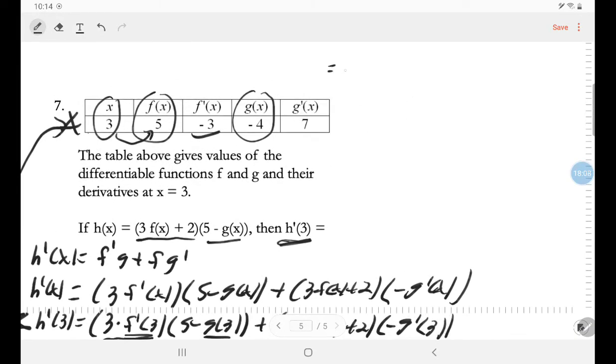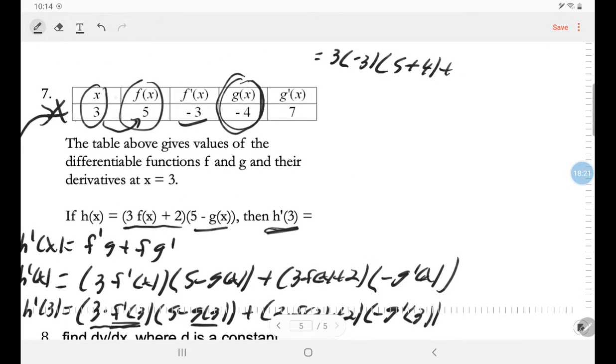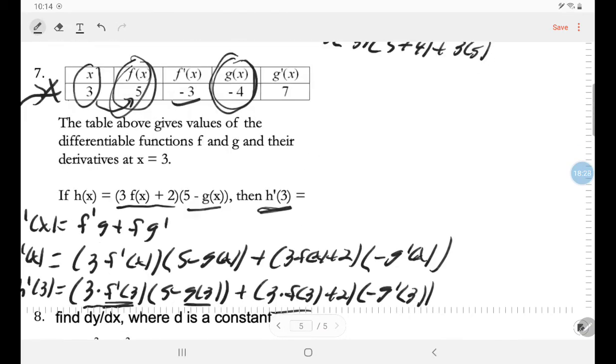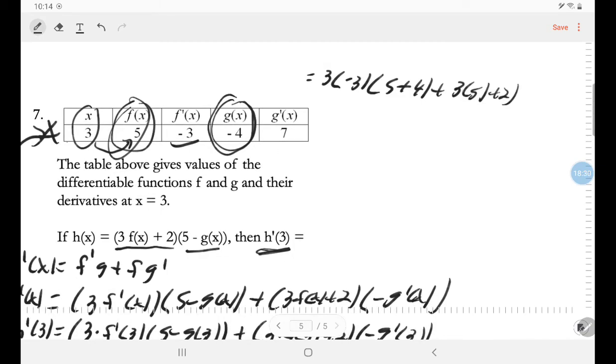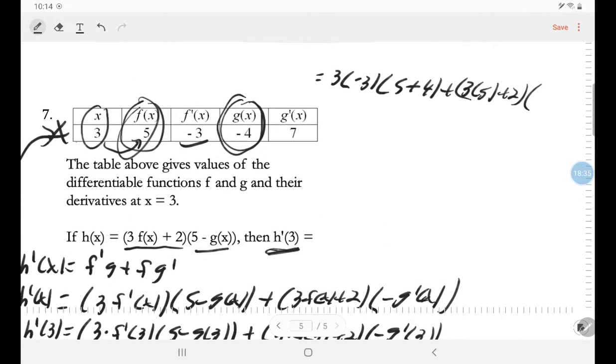So I get 3 f prime is negative 3 times 5 minus g, which is negative 4, so plus 4, plus 3f of 3, and f of 3 is 5, so 3 times 5, plus 2. And then lastly, I get a negative g prime. G prime is 7, so negative g prime is negative 7.